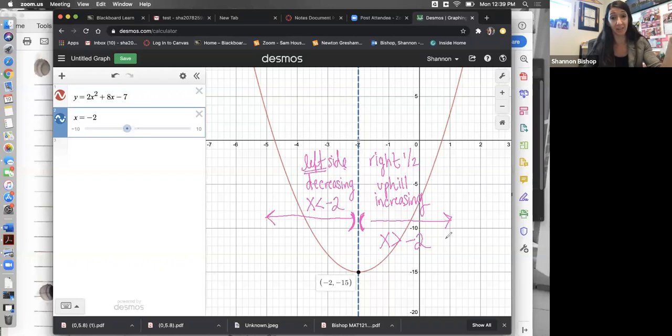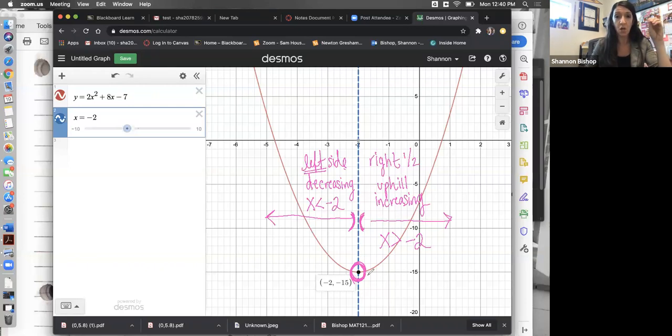And so technically that is greater than -2. Once again, notice no equal to bars, right? Because at that exact moment, at -2, it is neither increasing nor decreasing. It's that bizarre point of limbo. Everything prior to that, decreasing. Everything after that, increasing. But at that moment, neither. So we purposefully leave off the equal to bars for that reason.